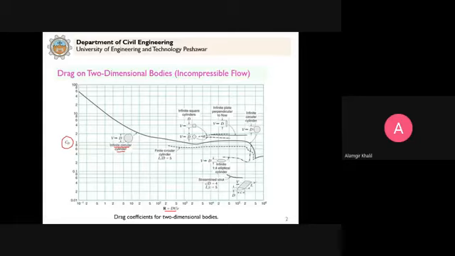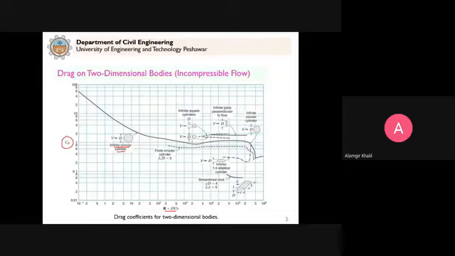Infinite in the sense that the length is infinite to avoid the end effects on the flow. So the graph of CD versus the Reynolds number is very much similar to what we saw earlier for a sphere, three-dimensional flow.